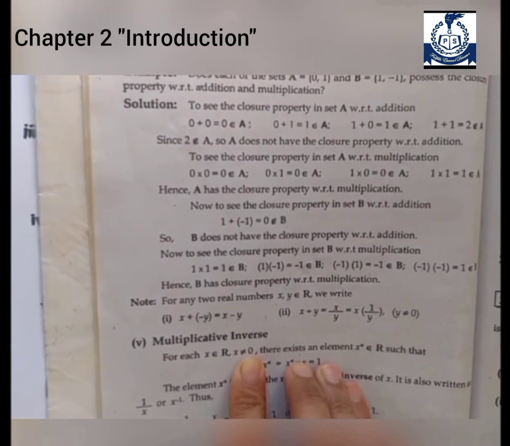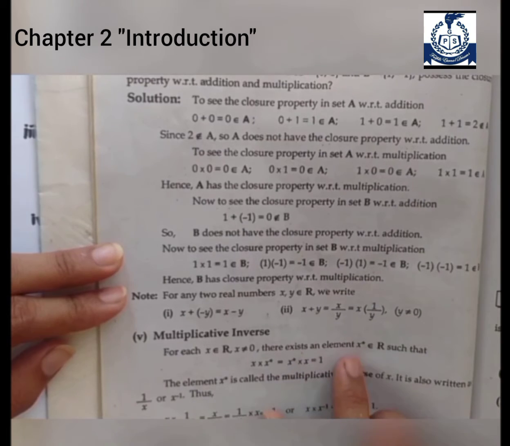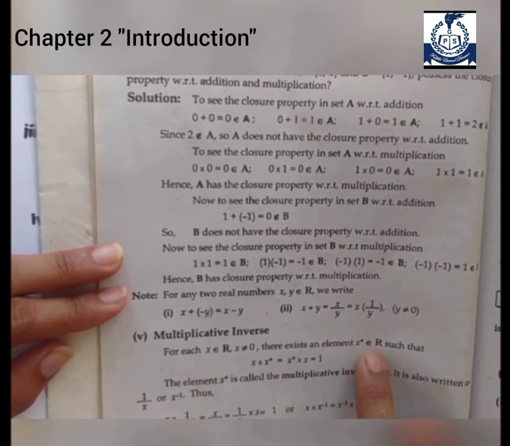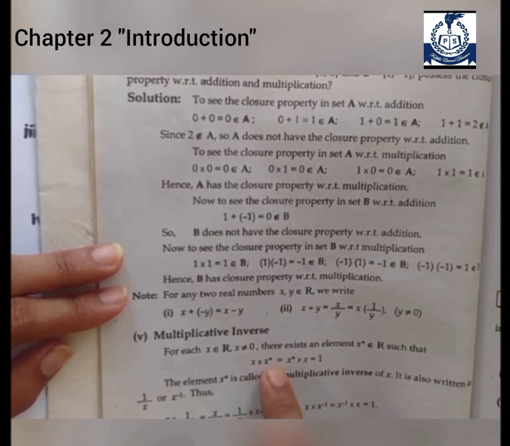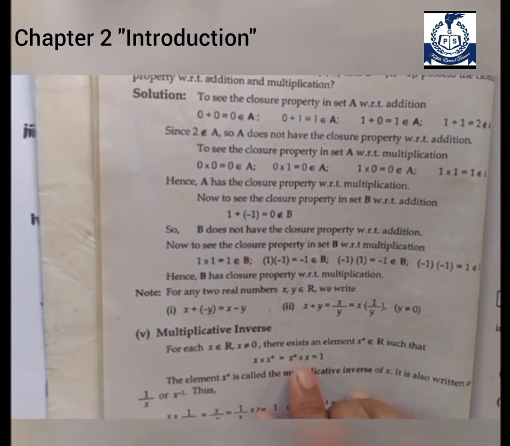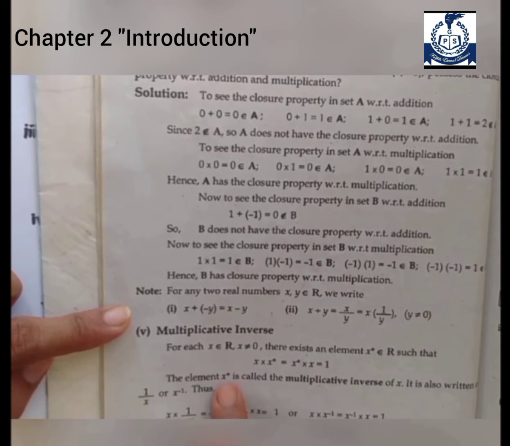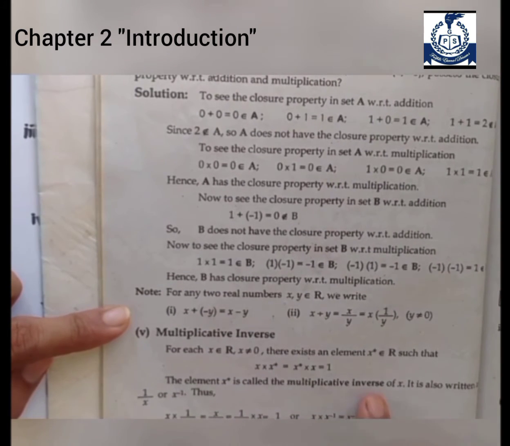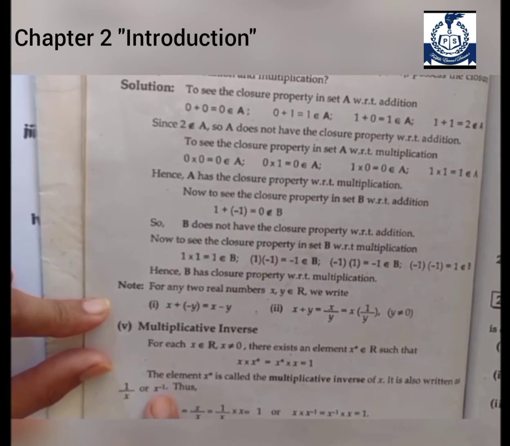Multiplicative inverse. For each x belongs to real numbers, x is not equal to 0, there exists an element x bar belonging to real numbers such that x multiplied by the inverse of x, or x inverse multiplied by x, is equal to 1. The element x inverse is called the multiplicative inverse of x.